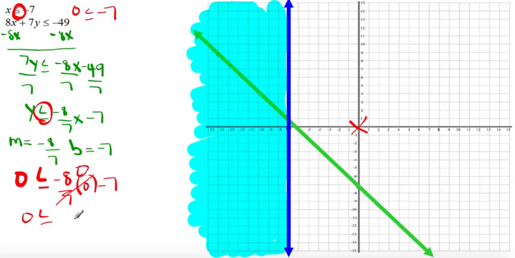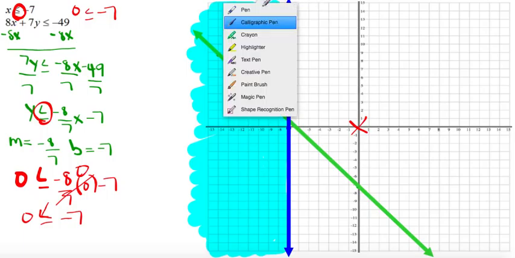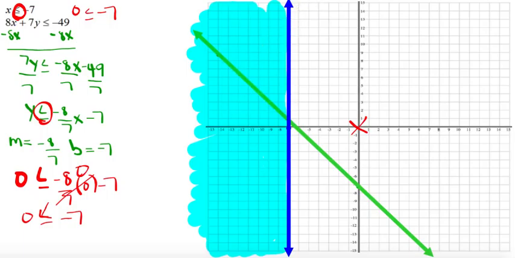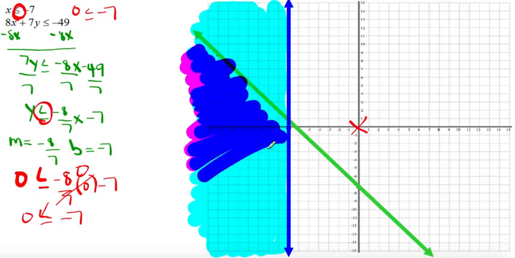So 0 minus 7 is negative 7. And 0 is not less than negative 7, so I can't shade above. I can't shade the side that includes the 0. I have to shade the opposite side, which is below the line. Okay, so I'm shading everything below the green line.